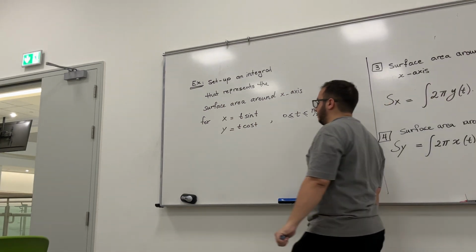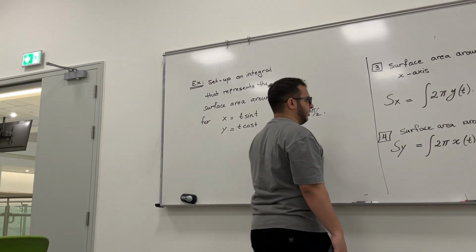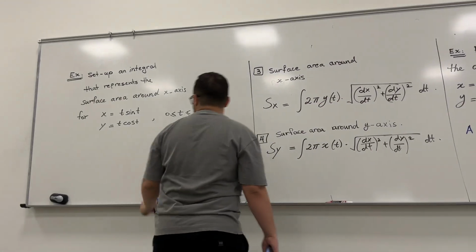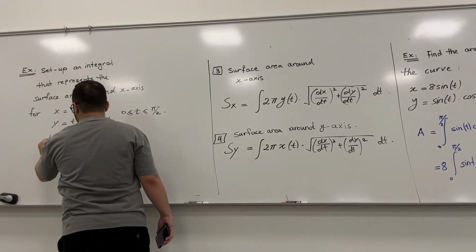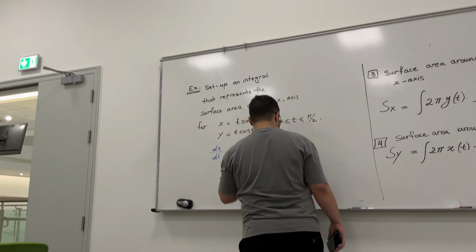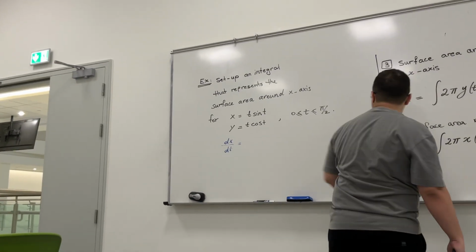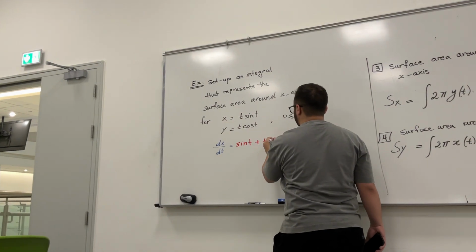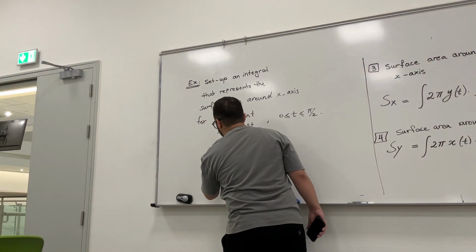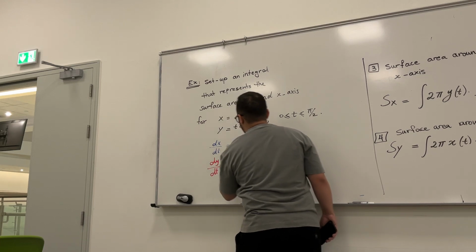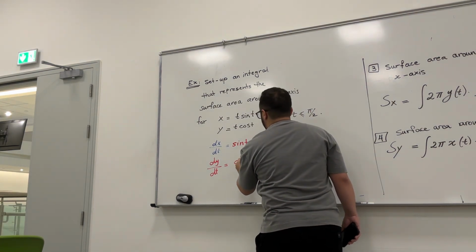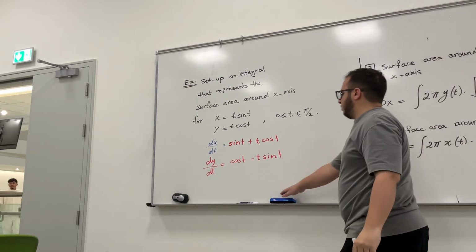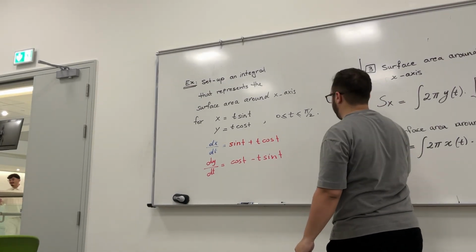So what do I have here? What is surface area along the x-axis? Just find the derivative first. How much is dx dt? Apply the product rule: sine t plus t cosine t. And how much is dy dt? Cosine t minus t sine t. Okay?